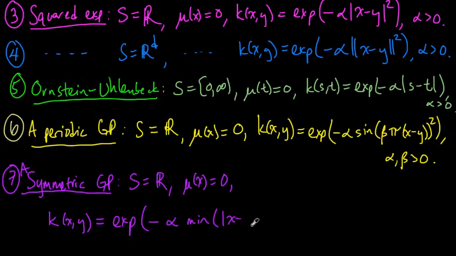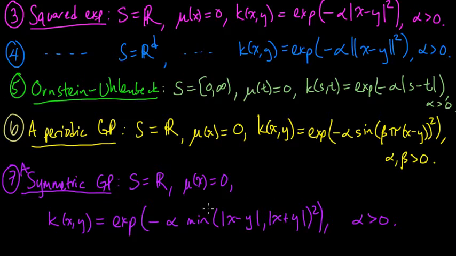So I can show you what this does. One more parenthesis. This looks kind of similar to these other ones, to this square one, but instead of just taking the difference, I'm taking the min of the absolute value of x minus y and the absolute value of x plus y.